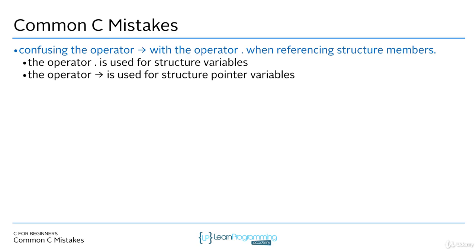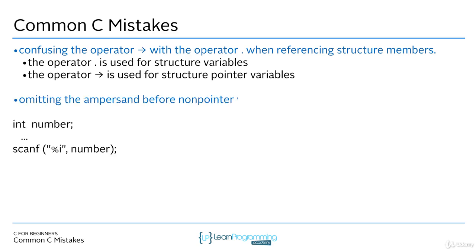So if you have a pointer that's pointing to a structure, that's how you access it. If you have a structure that's not a pointer, then you access it using the dot operator. A lot of times this dot operator and this dash greater than are used incorrectly. Dot for non-pointers, dash greater than for pointers. This will become clear in more of our examples.